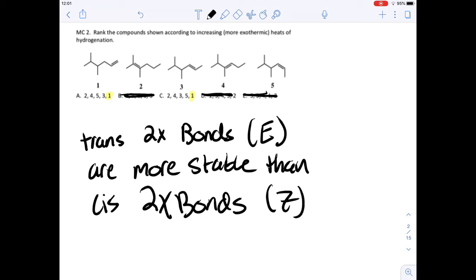So that eliminates 5 as being more stable, and 3, since it's trans or E, is going to be more stable than 5. So we look in our answer choices for where 3 comes first, and that is C. So you can eliminate A, and C is the right answer.